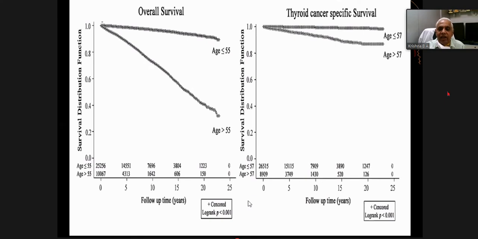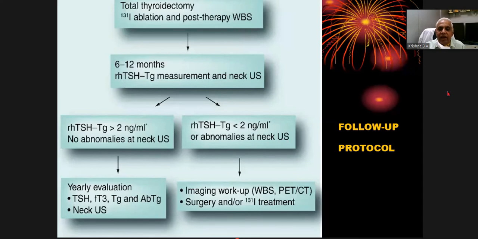So what is the protocol? It's a differentiated cancer, that is papillary, follicular, and a few of the Hurthle cell carcinomas. Total thyroidectomy followed by I-131 ablation and post-therapy whole body scan.